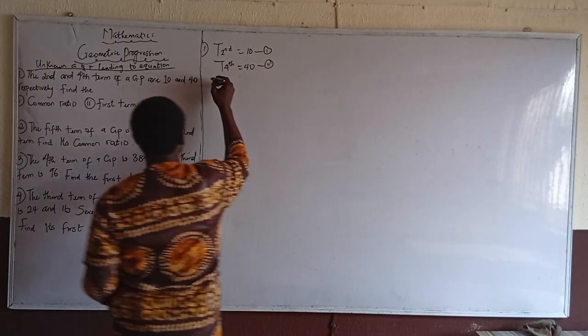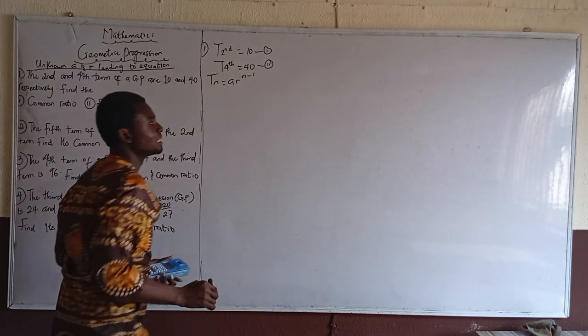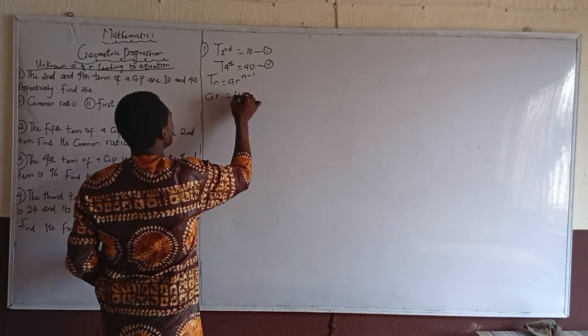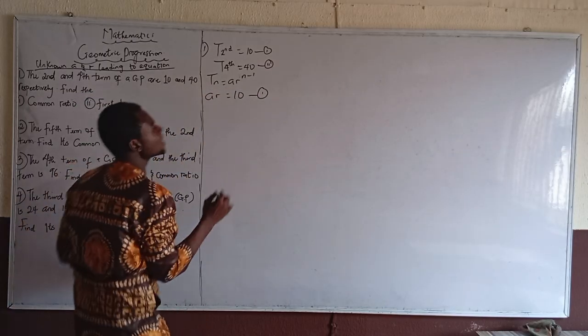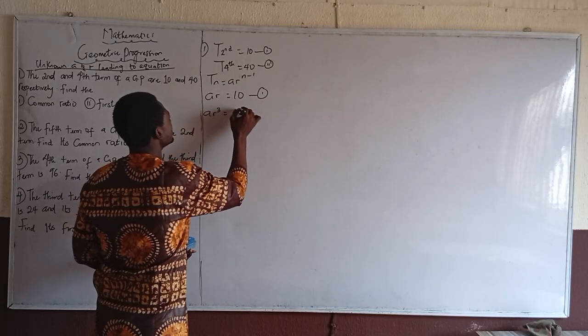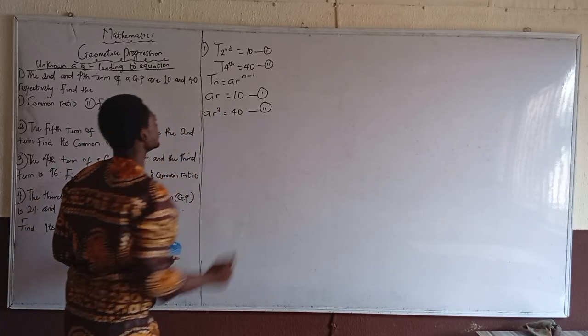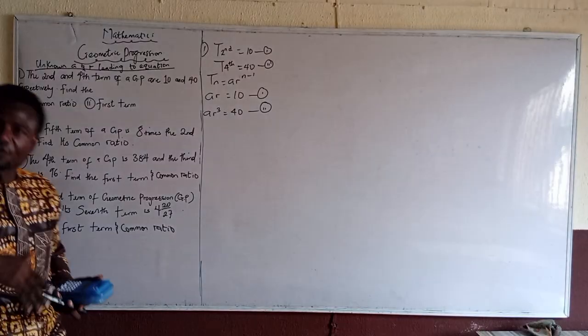Don't forget, my Tn is AR raised to n minus 1. Now, T2 will be AR equals 10, because it's 2 minus 1. T4 will be AR cubed equals 40, equation 2. So from here, under GP, we divide.